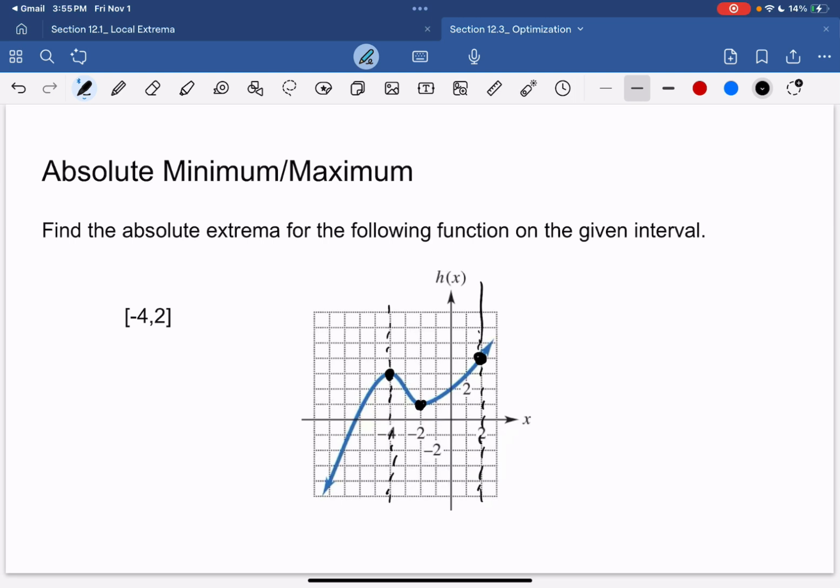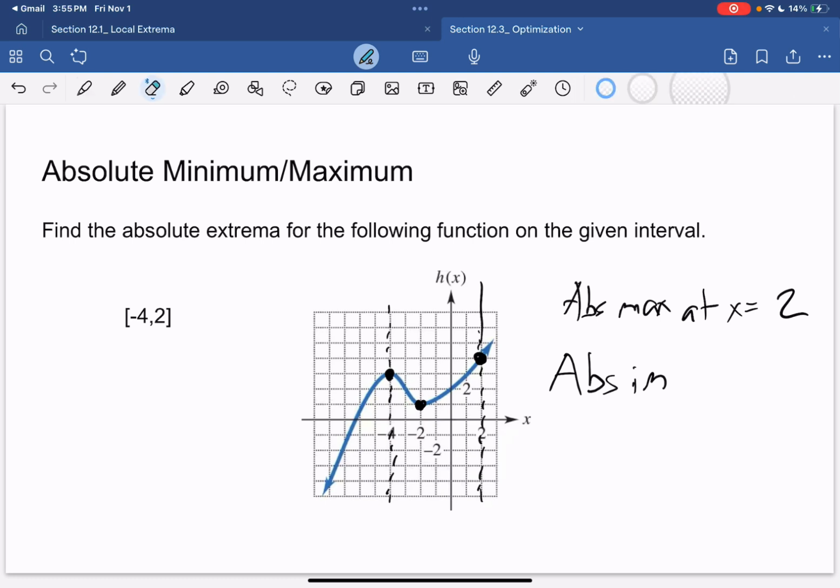All right, so that means that I have an absolute max at x is equal to 2. Then I have an absolute min, so the bottom of the function, so to speak, or the low point, occurs at x is equal to -2. Okay, so those would be the absolute max and mins. Even though I have potential candidates, those are the absolute because they are the largest and smallest of the maximums and minimums.